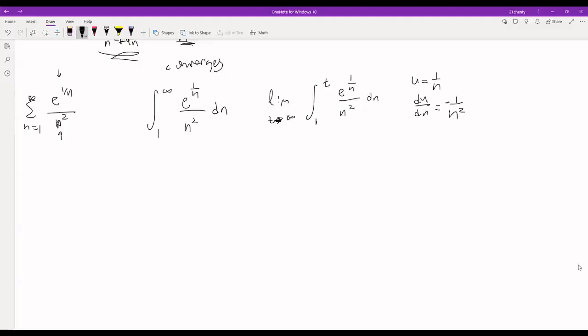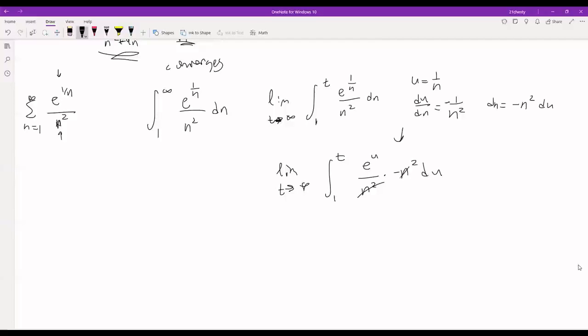So dn equals negative n squared du. We can replace this as the limit as t approaches infinity of the integral from 1 to t of e to the u over n squared times negative n squared du.